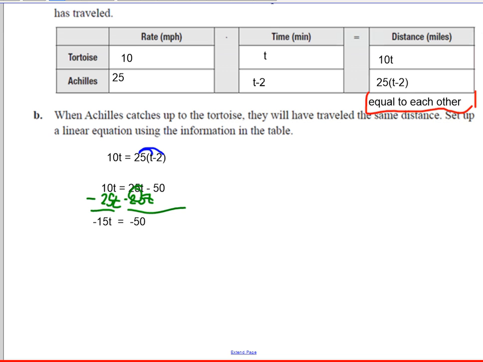So now what we need to do is get rid of the multiplication of negative 15 through division of negative 15. So we're left with 1t. And then we can simplify negative 50 over negative 15 to 10/3. And again, we usually don't talk about time as improper fractions, so let's change it to a mixed number.